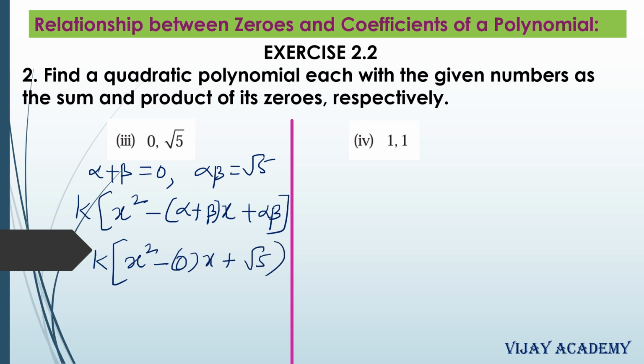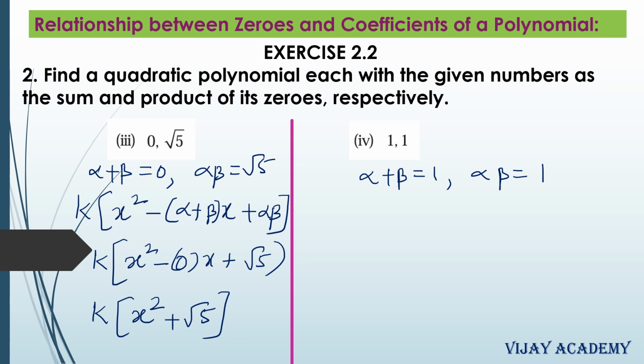So 0 times x is 0, therefore we can skip the term and write k times x square plus root 5. Next one, we have the sum of the zeros is 1 and the product of the zeros is also 1. So substituting this directly in the polynomial, we get k times x square minus x plus 1. So this is the required polynomial.